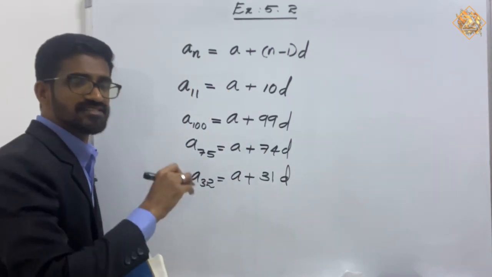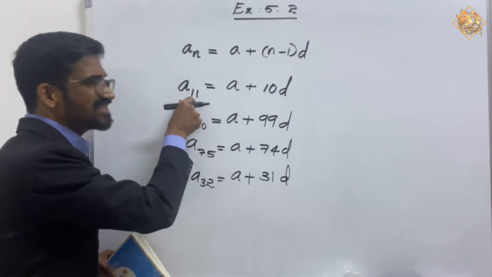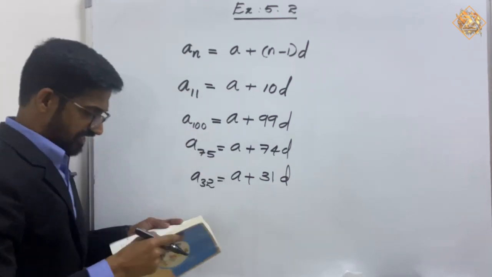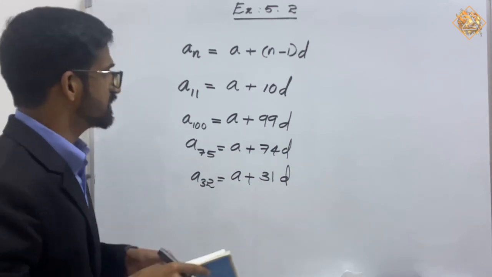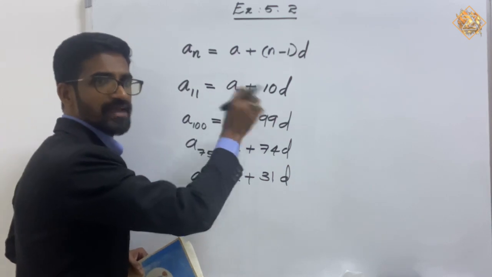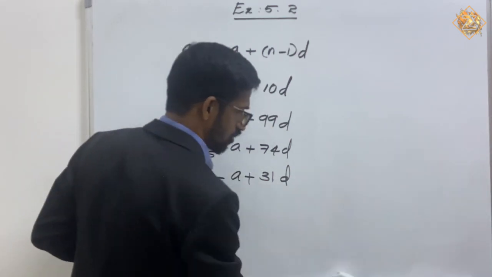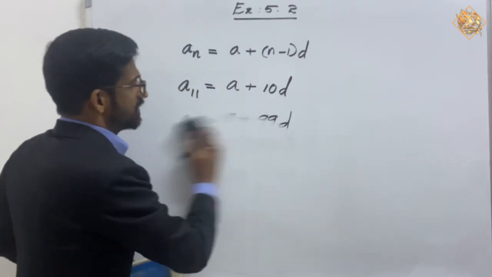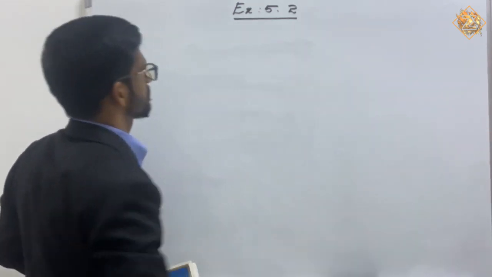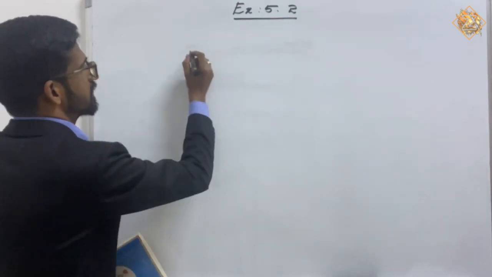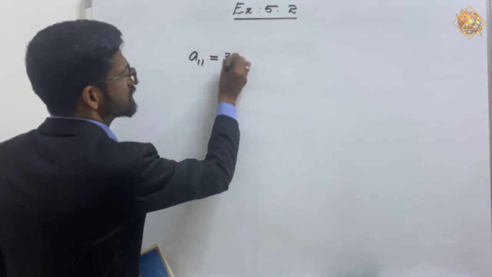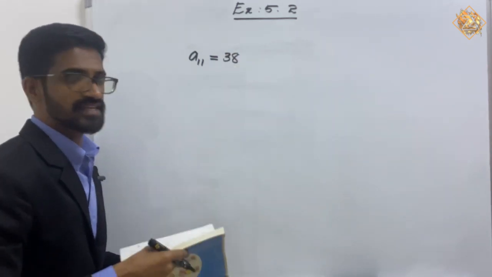Okay, so we need to find the 31st term, whose 11th term is given as 38. For the 11th term we can expand it as A11 equal to A plus 10D. Hope you understood this. Look at it, students. A11 equal to 38. In the question it is given the 11th term is 38.